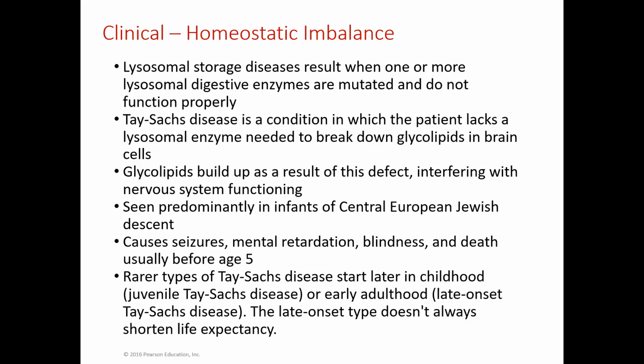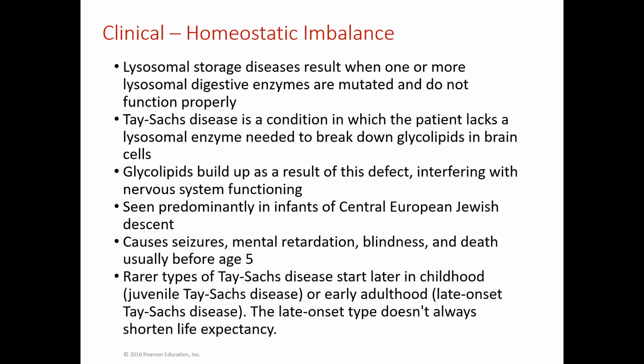So what'll happen is a child with Tay-Sachs disease, an inherited disorder, will start accumulating these fatty deposits in their brain without having them broken down, and it will start compressing the brain and the spinal cord, and it usually kills them by age 5, and there's nothing you can do.